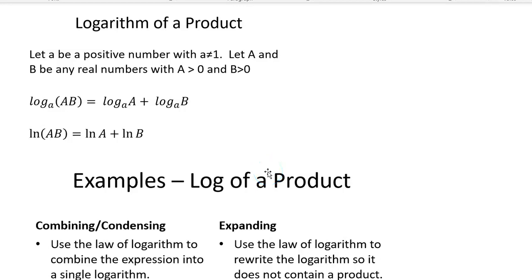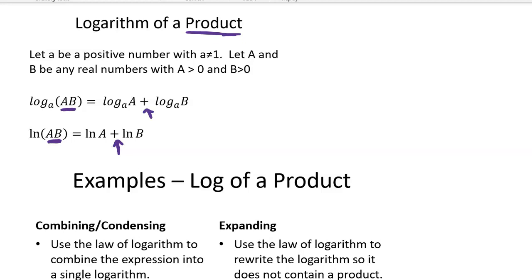So there's several logarithm properties that we have to follow, and the first one is the product property. That means when you are dealing with a product inside the logarithm, so you can see a times b there, inside of both of those, then we actually split that product up with addition.